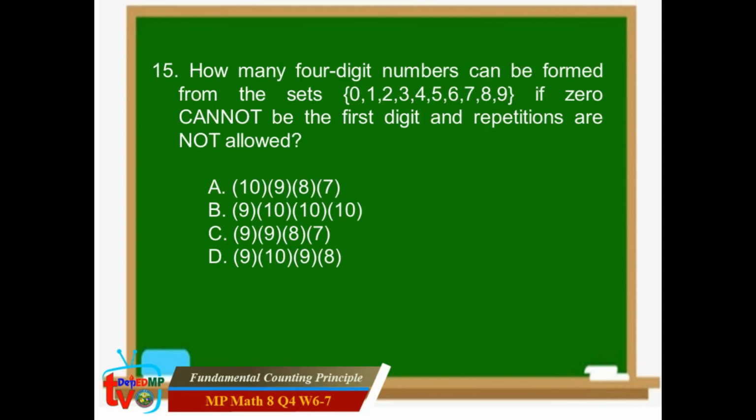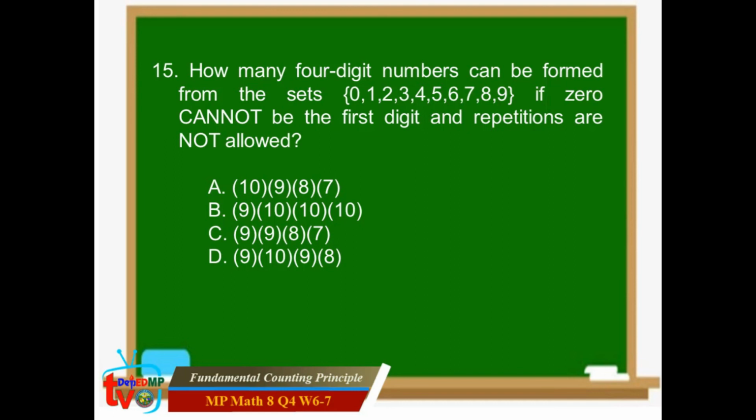15. How many 4-digit numbers can be formed from the sets 0, 1, 2, 3, 4, 5, 6, 7, 8, and 9, if 0 cannot be the first digit and repetitions are not allowed?